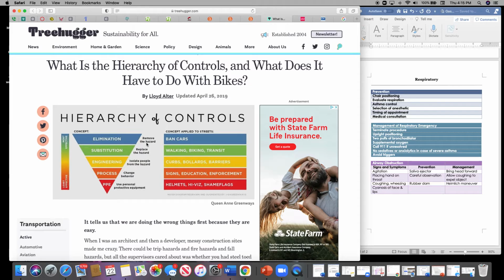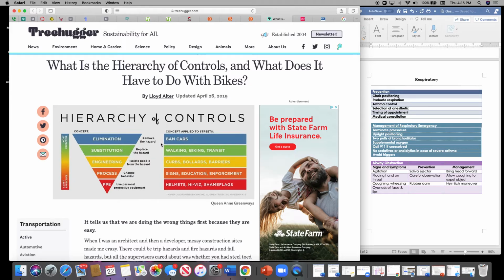And this is why some of them are more difficult. So the hierarchy of controls in relation to bikes. How do we eliminate a hazard to bikers? We ban cars. Now, is that the most effective way? But is that easy to implement? No. So maybe you can only ban cars in certain sections.